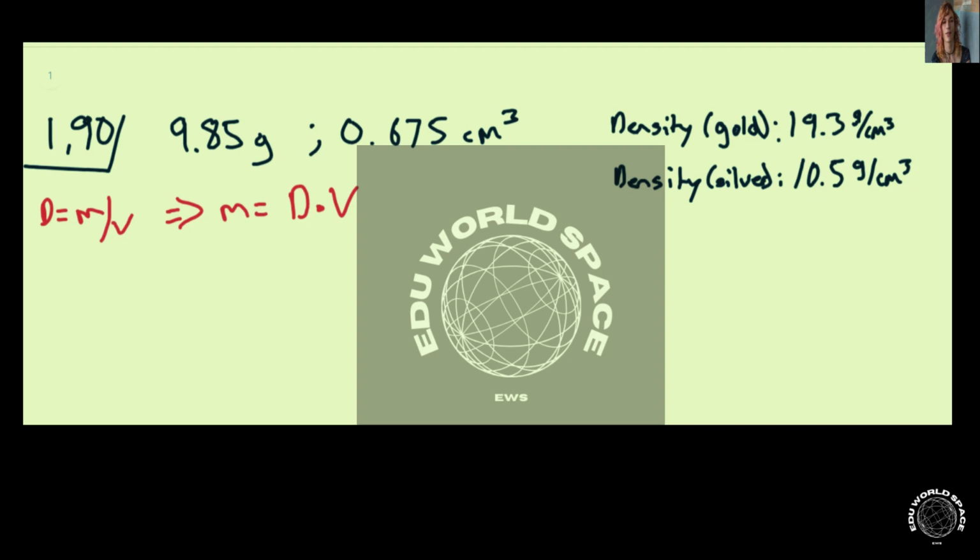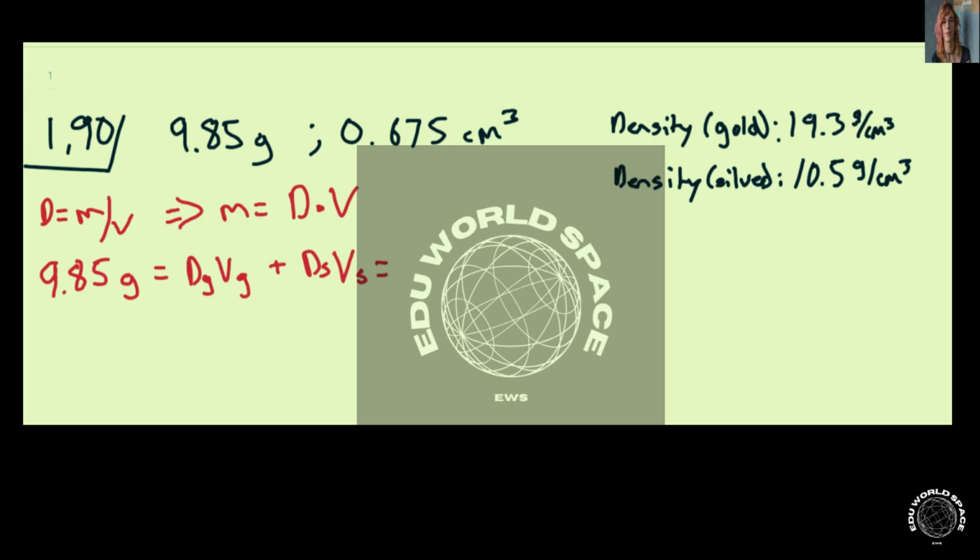So using this, we can say 9.85, which is our mass, is equal to the density of the gold times the volume of the gold plus the density of the silver times the volume of the silver. When we combine those two together, we should get the mass of the jewelry.